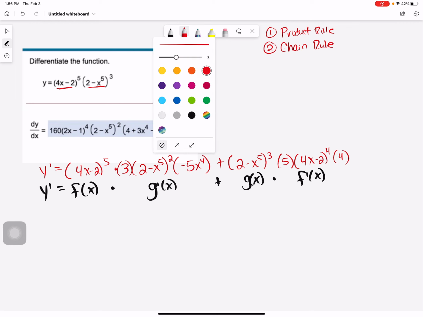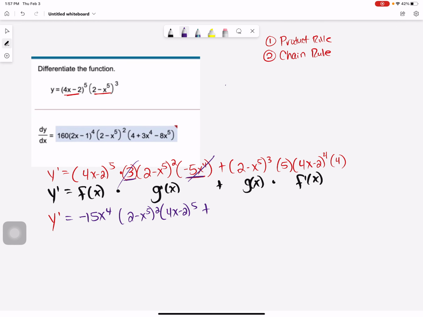And then I have 2 minus x to the 5th squared times 4x minus 2 to the 5th. Okay, so I just kind of brought that down. And then plus, what I see is I have 5 times 4, which gives me 20. And I'm going to bring down those other terms and write them in the same order. So it kind of makes sense when I see it.